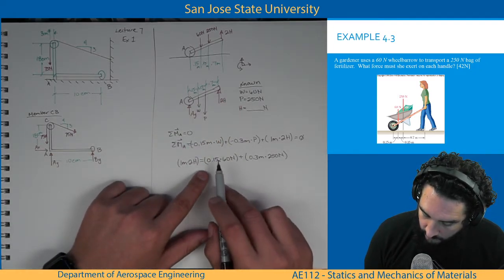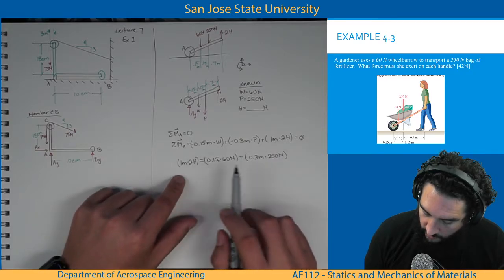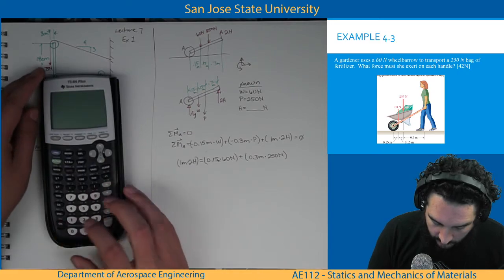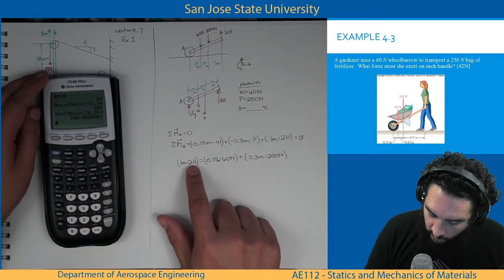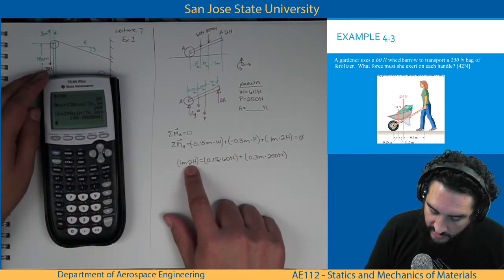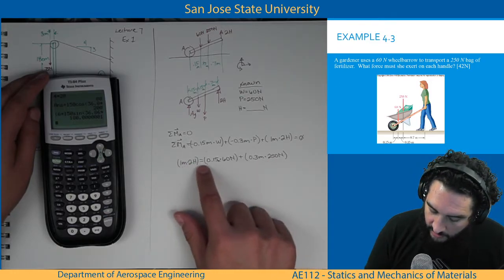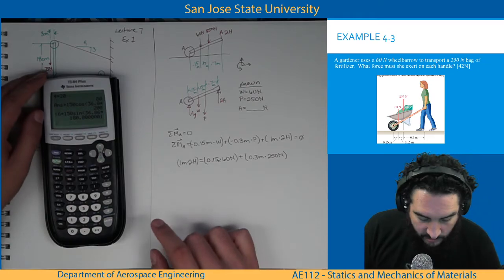Let's carry out the calculation. While I'm carrying it out, the 2 on this side is a scalar quantity, so I'm just going to move that underneath and divide the entire thing by 2 at the end.